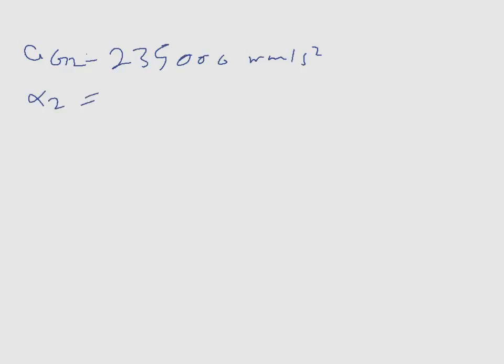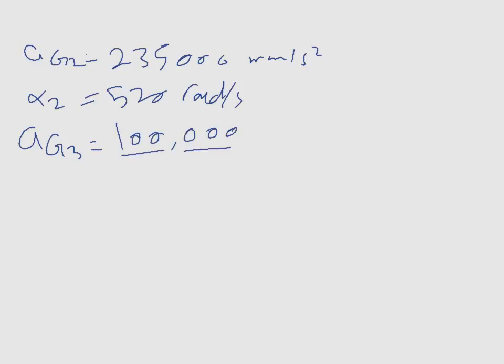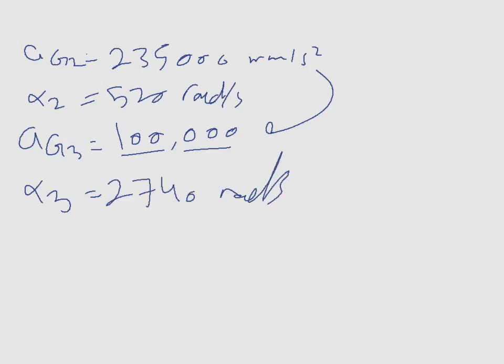Alpha 2 is given as 520 rad per second squared. AG3 is given as 100,000, the same unit. And alpha 3 is given as 274 rad per second squared, to save time. We have said this is clockwise, and this is counterclockwise.